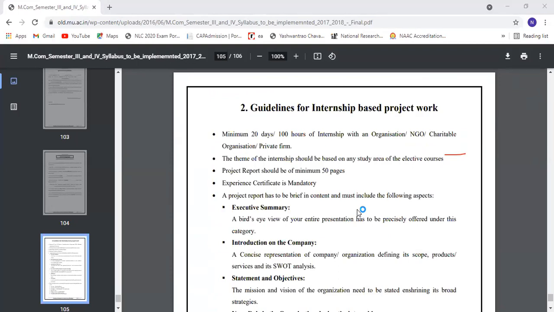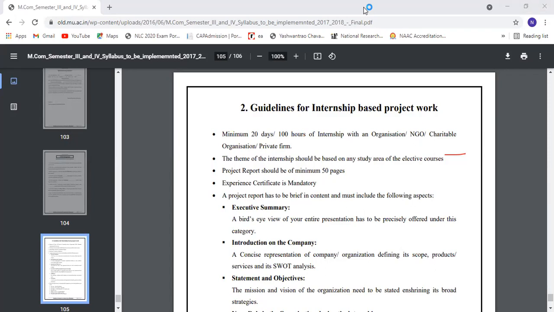Now there are guidelines for the internship project. Let's see what the guidelines are. The internship project I told you about: one kind of project is where you conduct a research activity and prepare the project. And the second I told you: whenever you are working somewhere else and want to take the title, for example, I'm working in ABC Enterprises as an accountant, and I'm taking an internship project on a particular company, XYZ company.